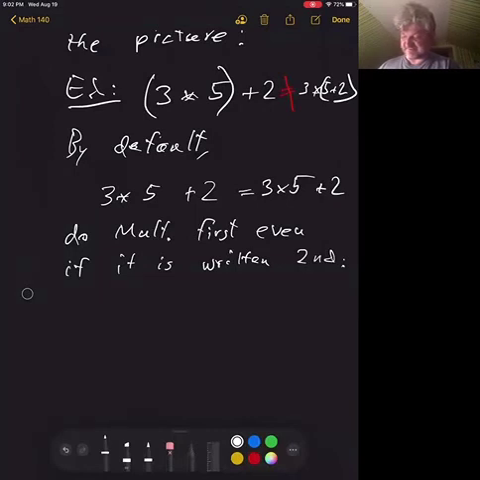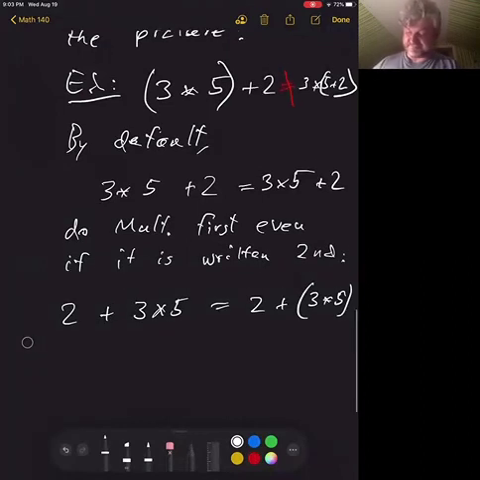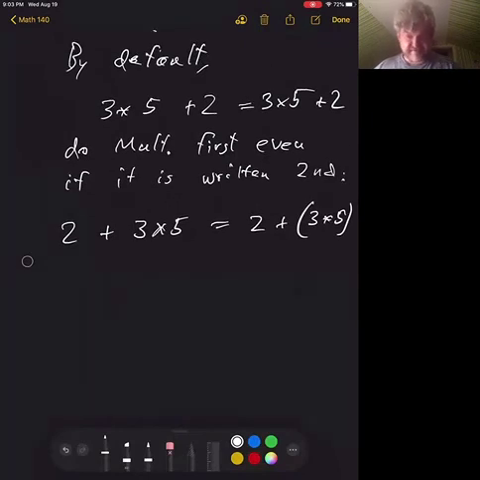One example for this, 2 plus 3 times 5 needs to be done like 2 plus (3 times 5). Okay, even though at first, when you read it from left to right, it says 2 plus 3, and you can't do it yet.